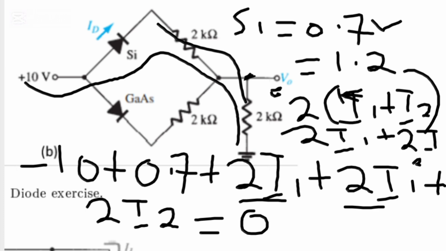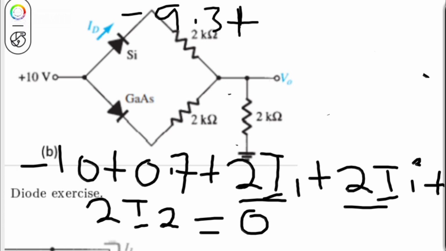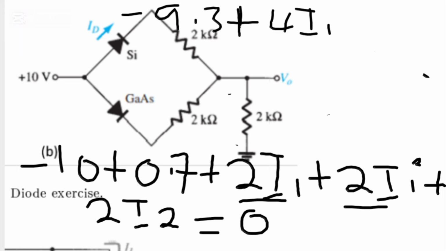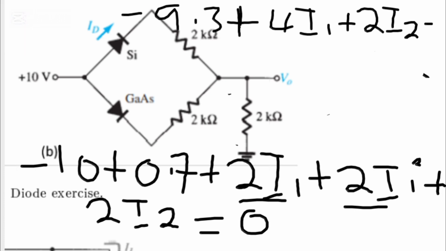The next thing that I'm going to do, let me clean this. If I subtract negative 10 plus 0.7, what shall I get? I will get 9.3, but with negative, so negative 9.3, and therefore I have to say plus. 2I1 plus 2I1 will now become 4I1, plus 2I2, all equal to 0.